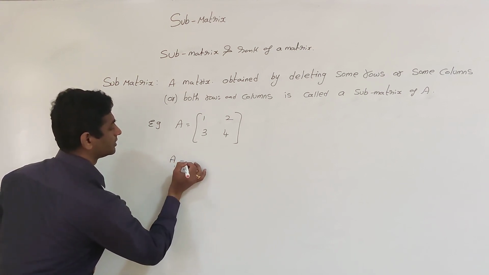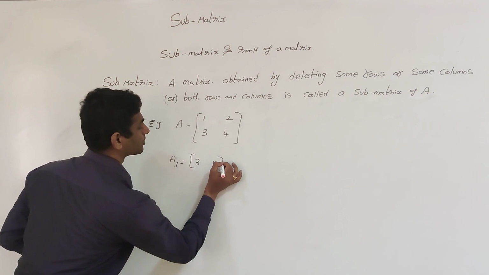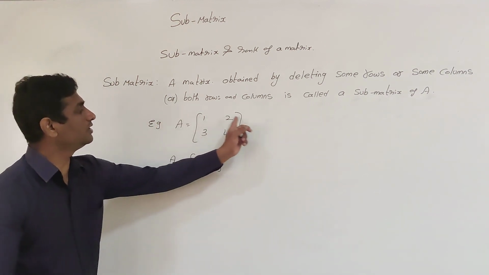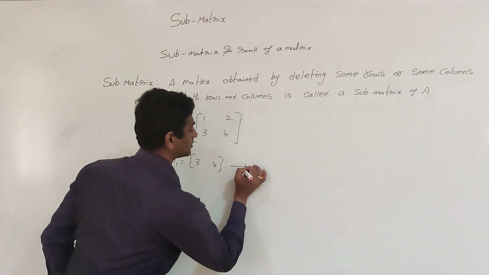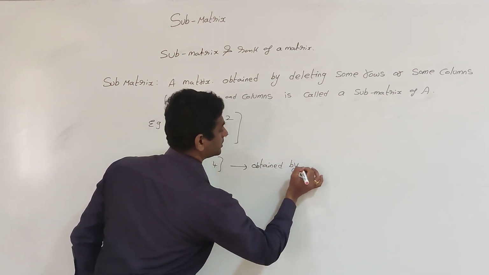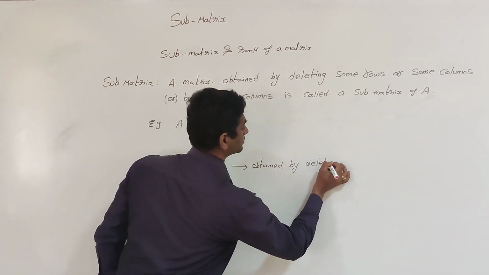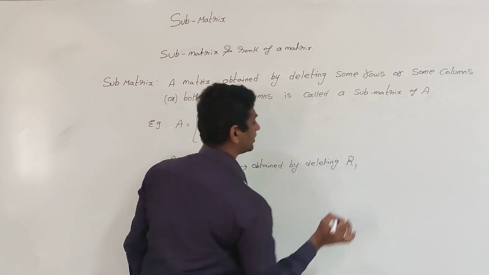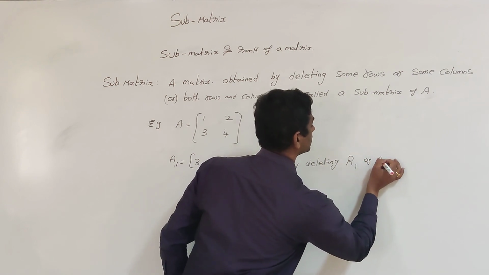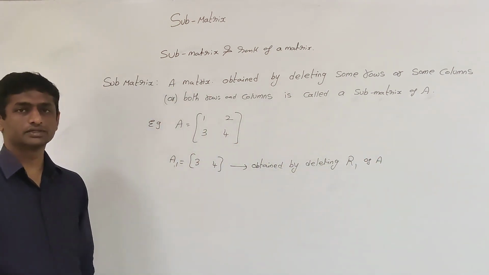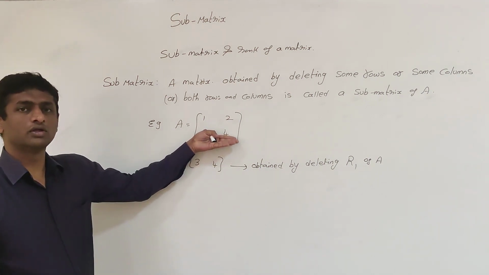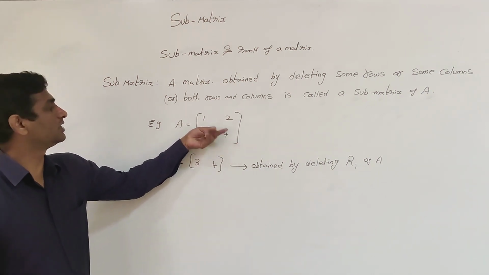It is a matrix which is obtained by deleting row 1, R1 of matrix A. Next, if I delete the second row, you will get one more matrix with elements 1, 2.